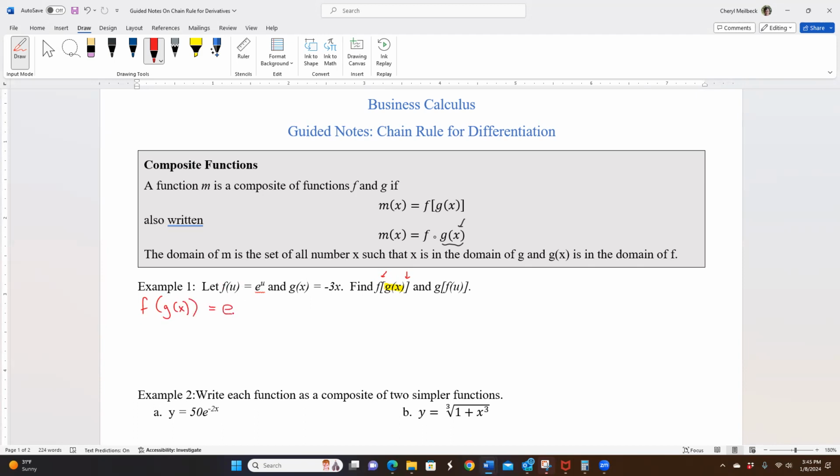So e is going to be the outside function and u is what we put the values in for. And then we're putting g of x in for the u. So g of x is negative 3x. This winds up giving us, of course, e to the negative 3x.